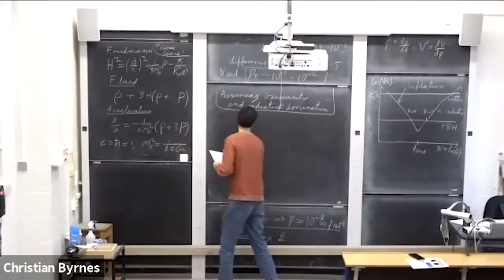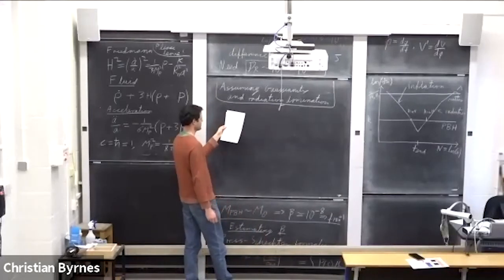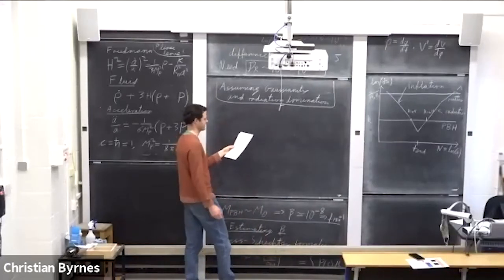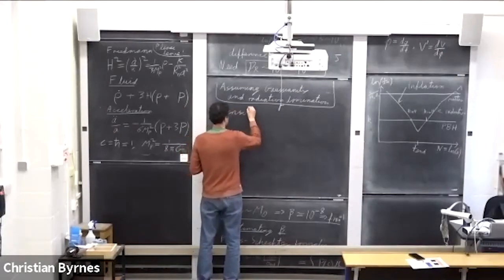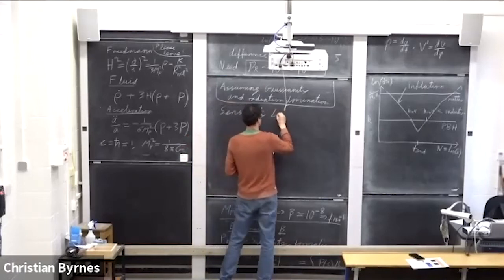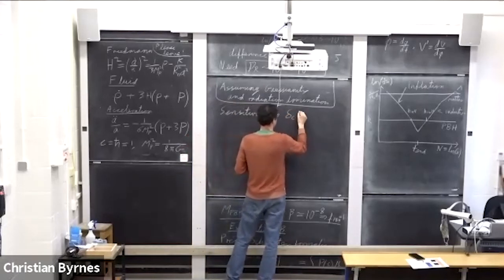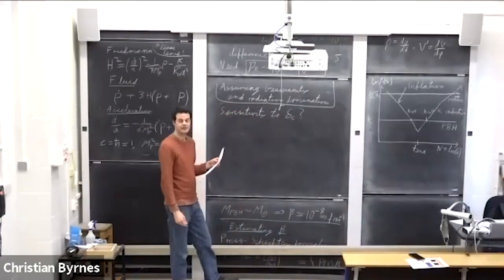So if we ask, how sensitive are these answers to, for example, delta critical? Well, guess what?